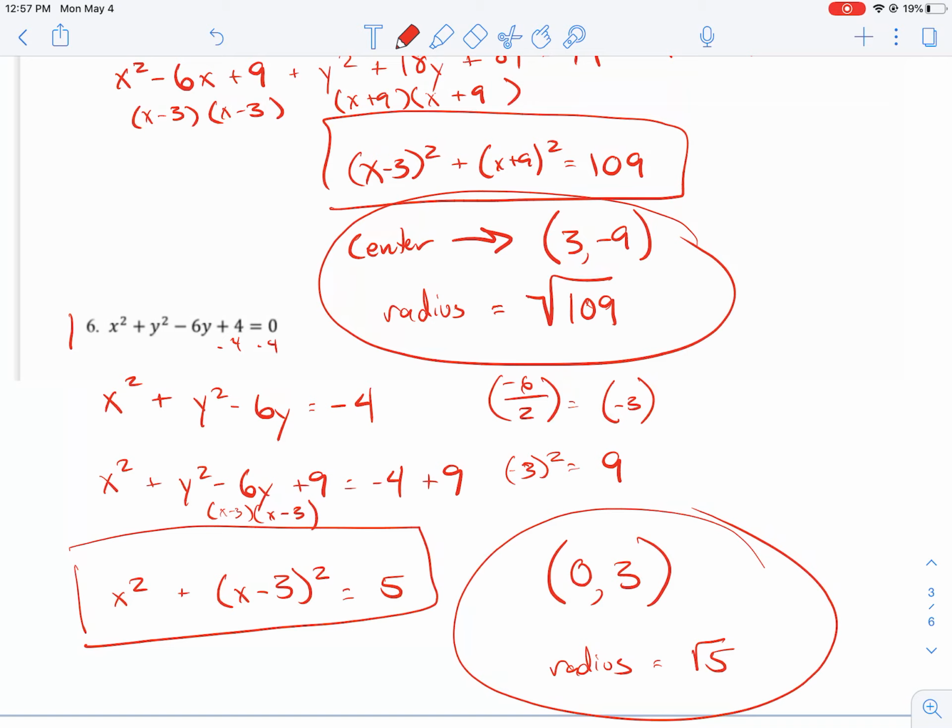Okay, because don't forget, our equation is x minus h squared plus y minus k squared is equal to r squared. So whatever number we get out here is our radius squared. And so our radius squared is equal to 5. That means that we have to take the square root of that, so our radius is actually the square root of 5.